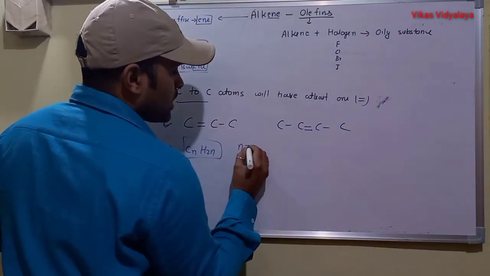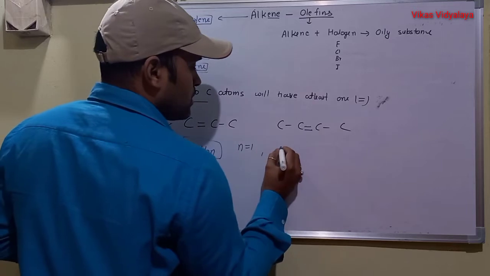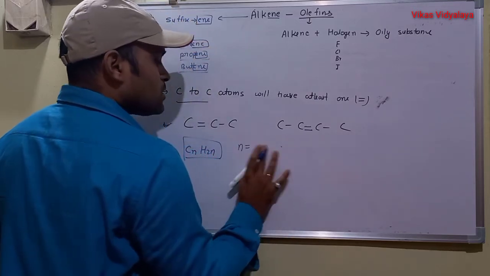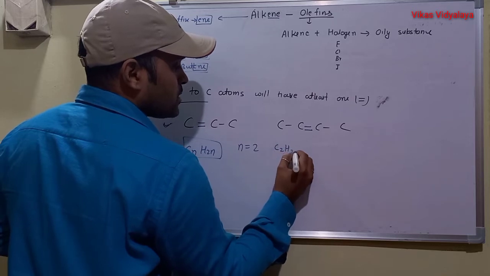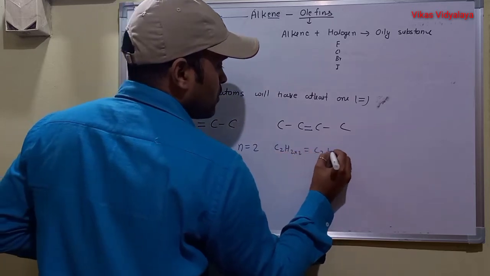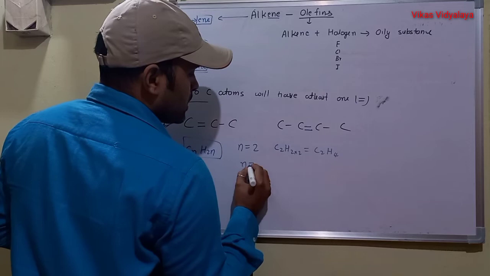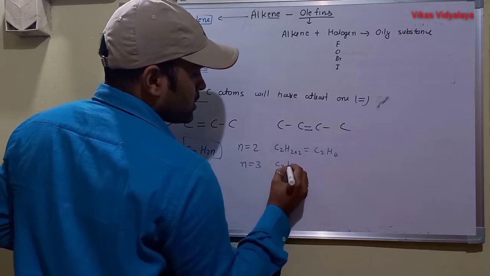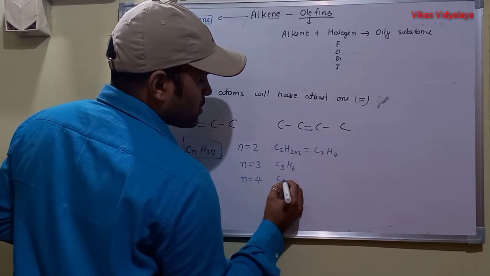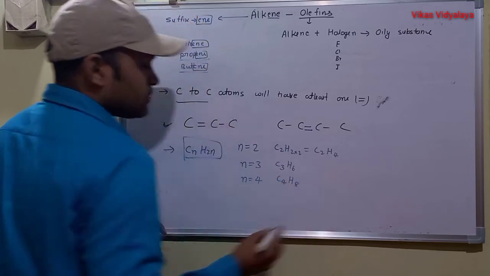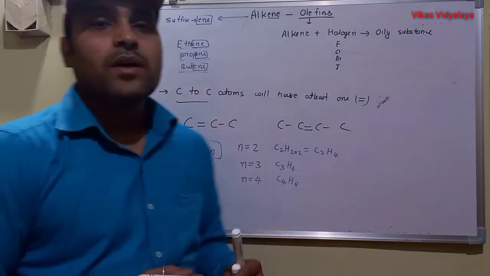If we take n is equal to 2, then C2H(2×2), C2H4. If we take n is equal to 3, then C3H6. If we take n is equal to 4, C4H8. This is the example of alkene.